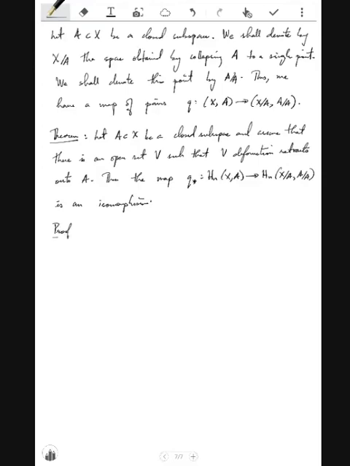Proof. So consider the following commutative diagram.